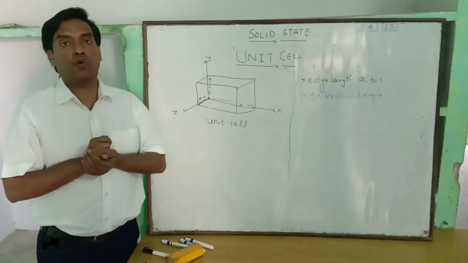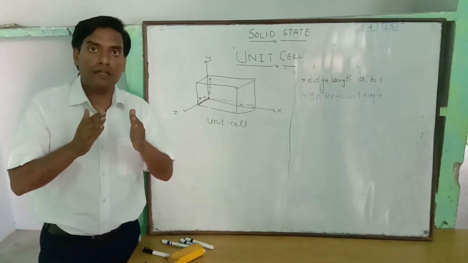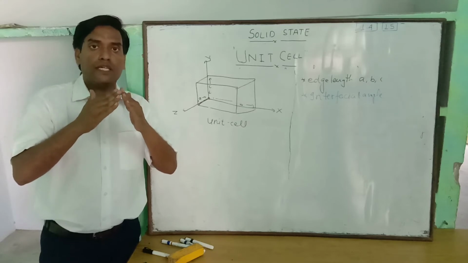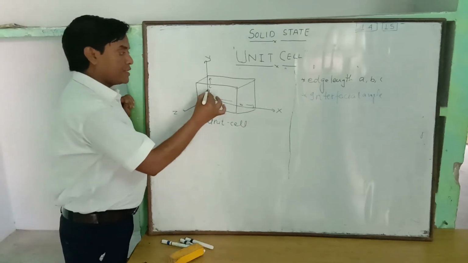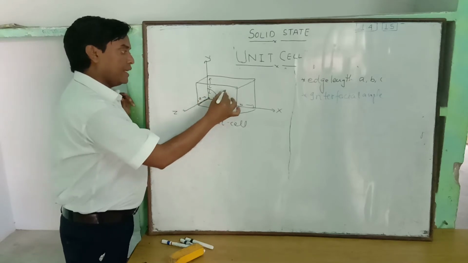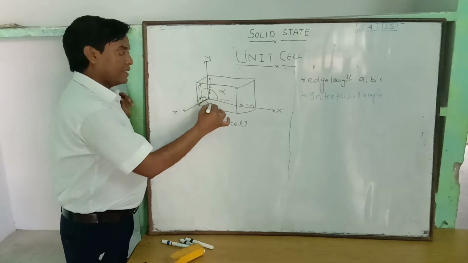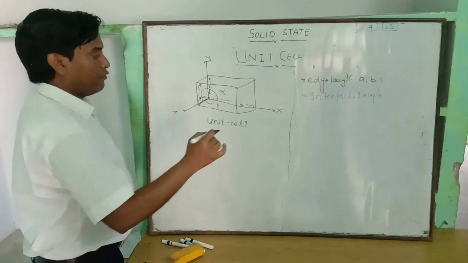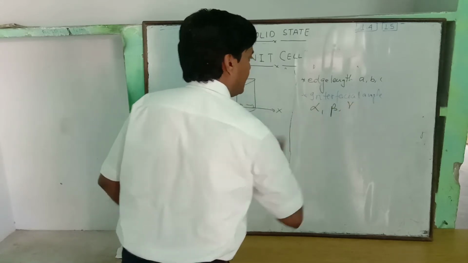This angle is known as what? Interfacial angle. You can say that the angle between any two faces is known as the interfacial angle. And this interfacial angle is represented by alpha, beta, and gamma.